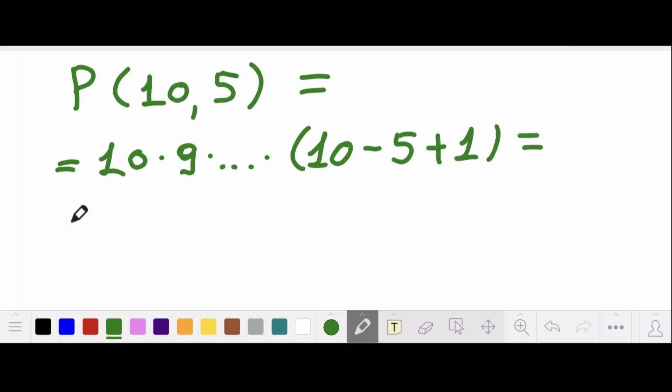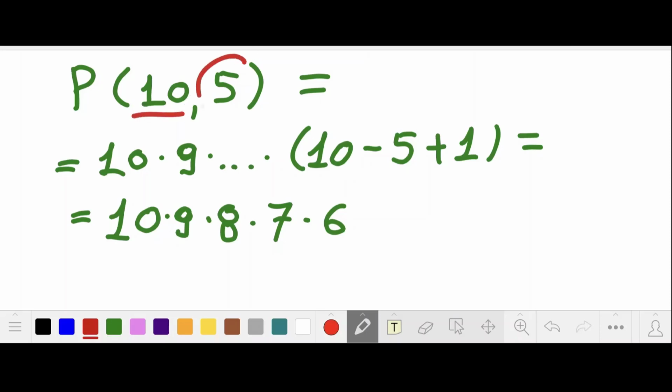That is actually equal to 10 multiplied by 9 multiplied by 8 multiplied by 7 multiplied by 6. And if you remember, that was the answer for the question 4 in the previous video. What we wanted to find was the total amount of pentapeptides that can be constructed using 10 possible amino acids with no repetitions. So what we actually did was to find all the permutations of those 10 amino acids taken 5 at a time.